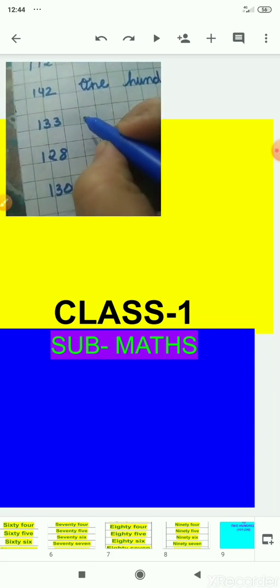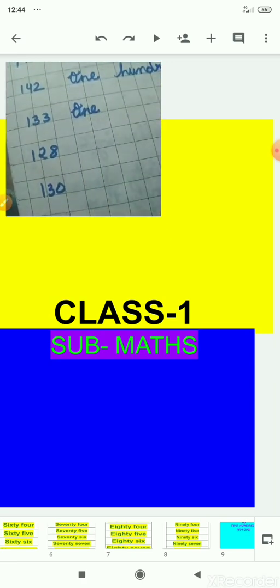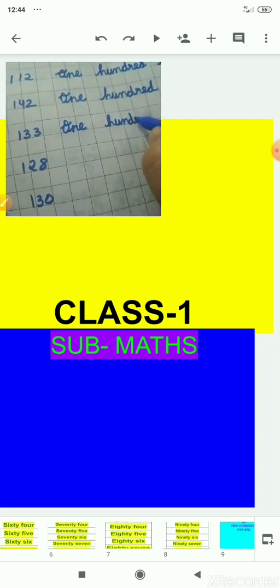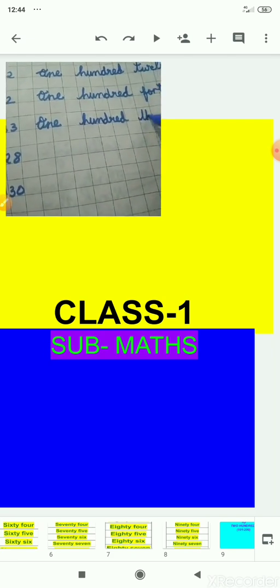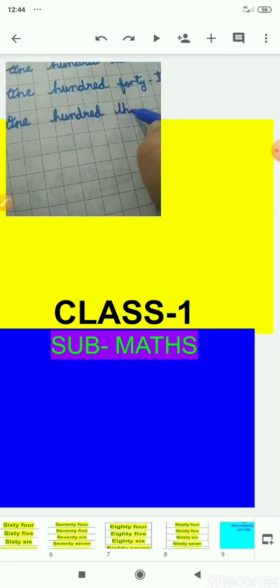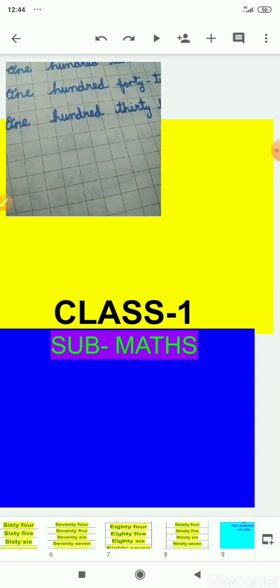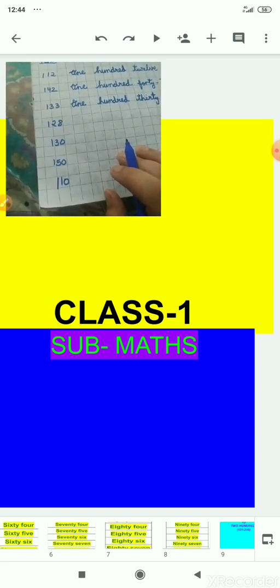Our next number is 133. Start writing. ONE 1, HUNDRED 100, THIRTY 30, THREE 3, 133.